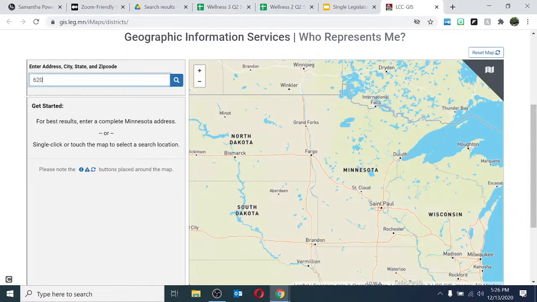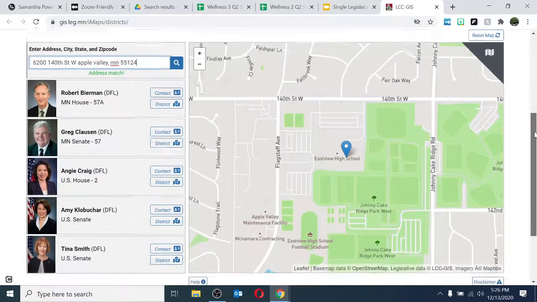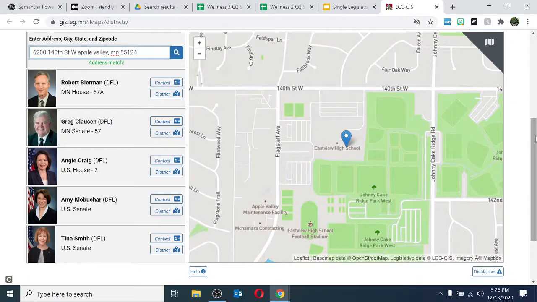So I'm going to type in Eastview High School. If I lived at Eastview High School, which sometimes, not right now, but I feel like I do, these would be my elected officials. So if I was going to be writing about a state level bill, if it was a Senate bill, I would address it to Senator Greg Clausen.